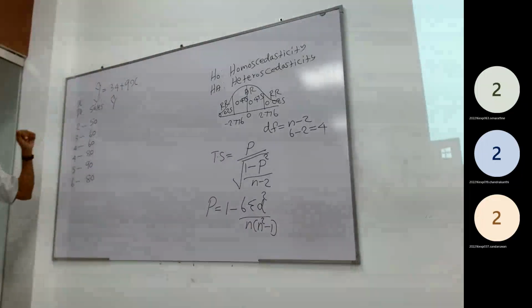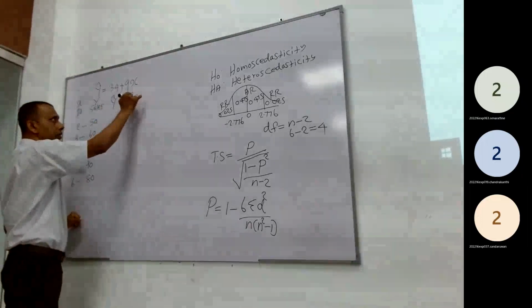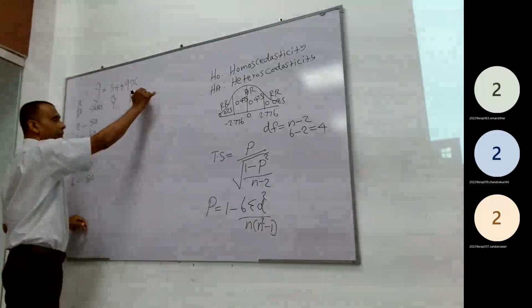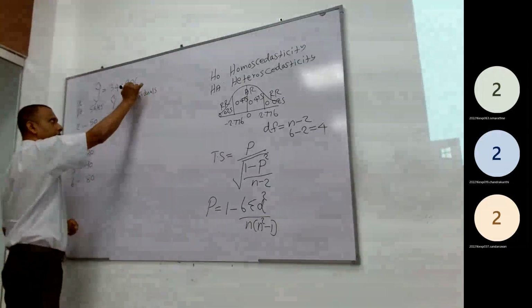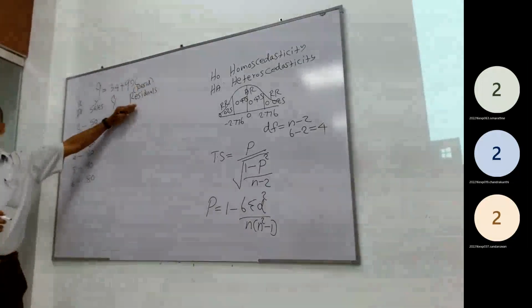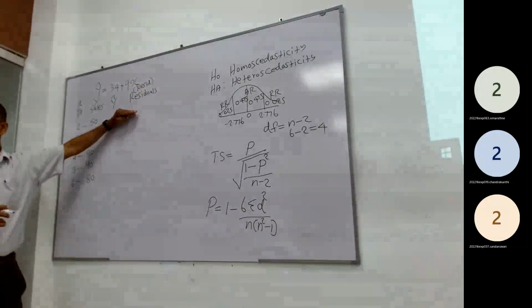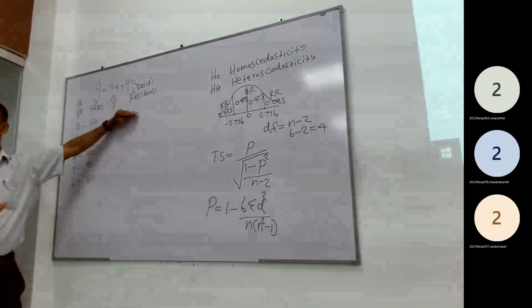Then you take the residuals. Both positive and negative values will be there.